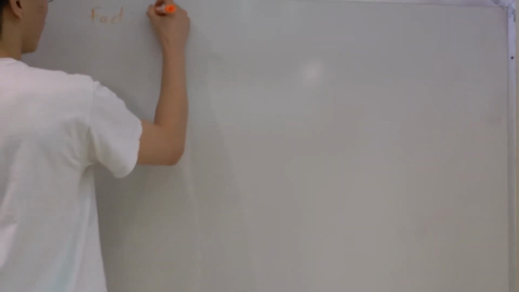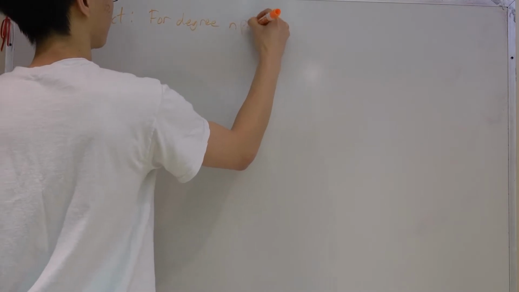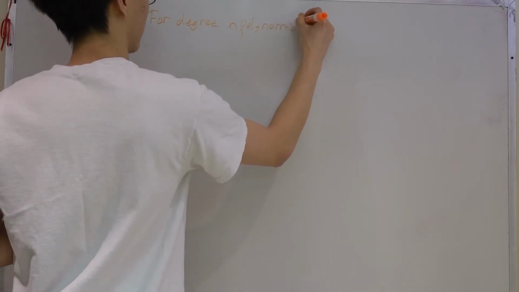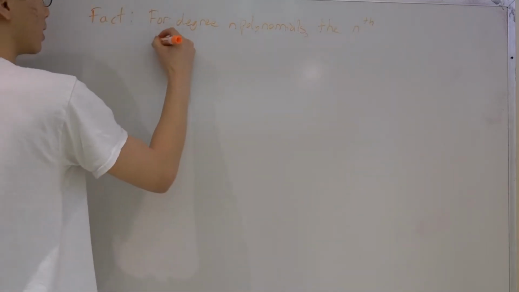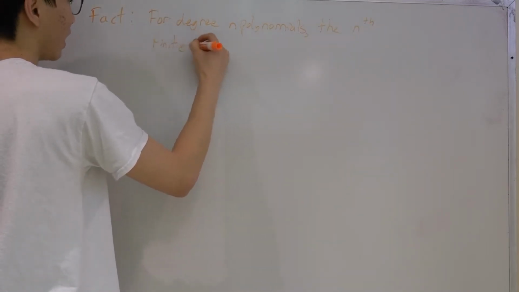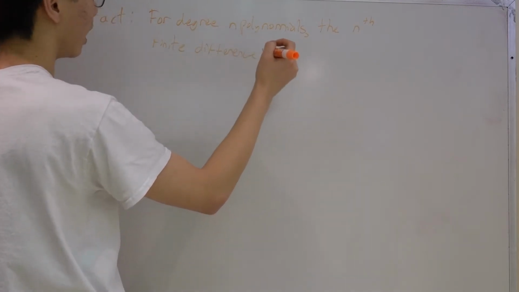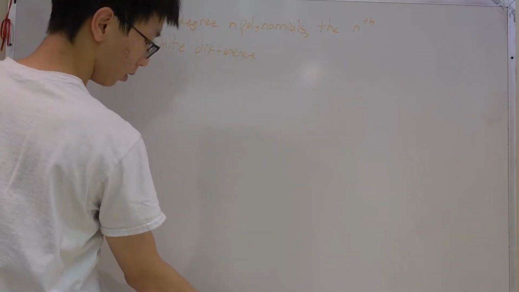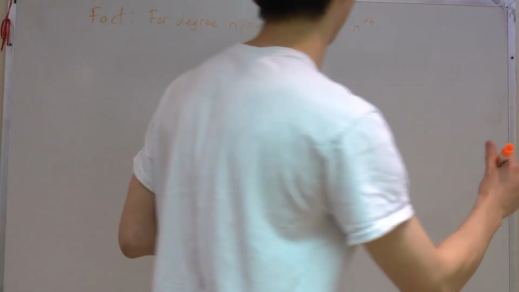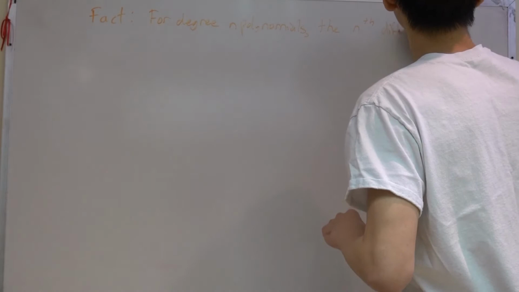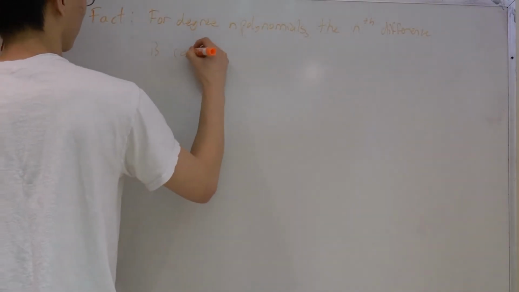The fact is that for degree n polynomials, the nth difference is constant.